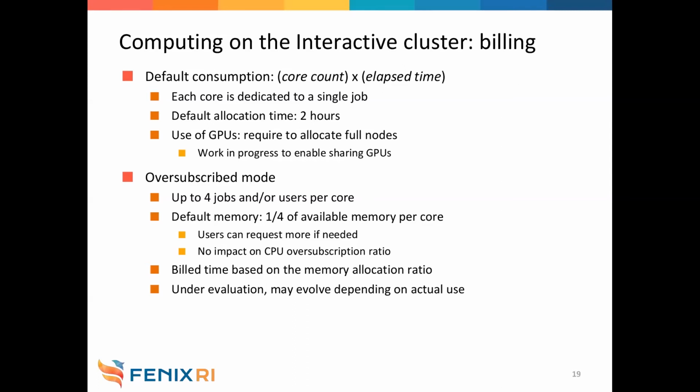So in this mode, you are billed 1/4 of the core, and by default you have 1/4 of the memory per core available, but you can request more at your job allocation. So this is something quite new, and we just set it up, and we will probably adapt this depending on the actual use we see.